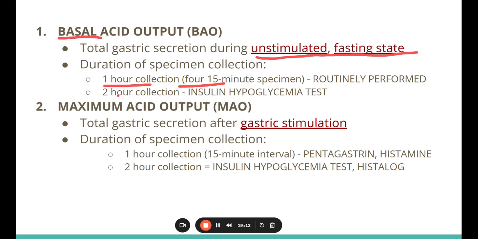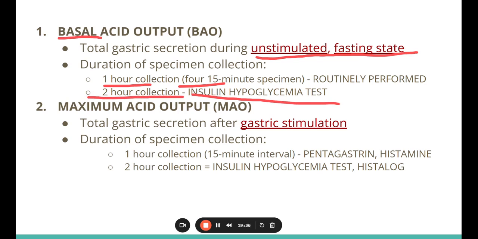Okay, so a single 1 hour collection can also be done, but that is not commonly done. Okay, so what is commonly done is the 1 hour with 15 minutes interval. So for other tests, such as insulin hypoglycemia test, a 2 hour collection is done.